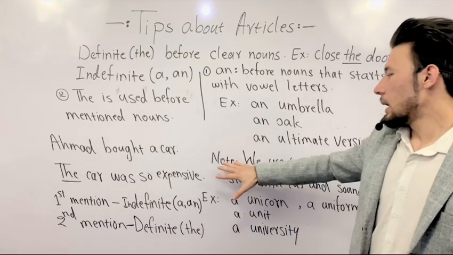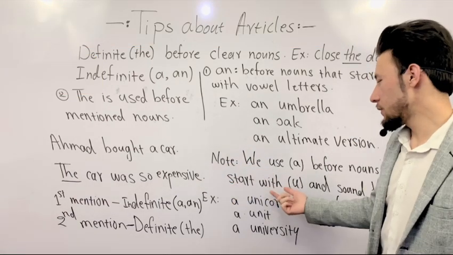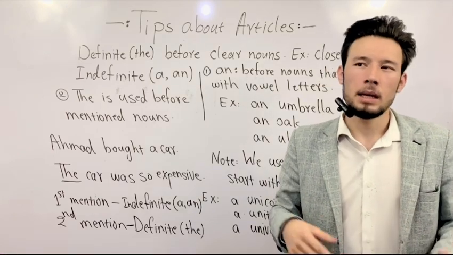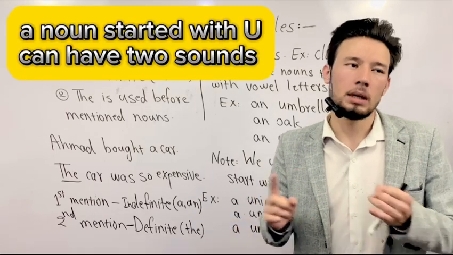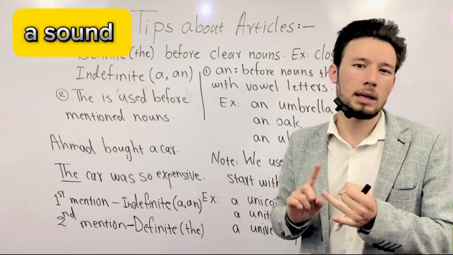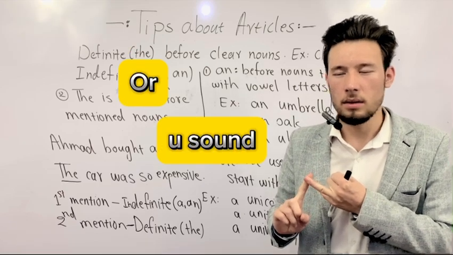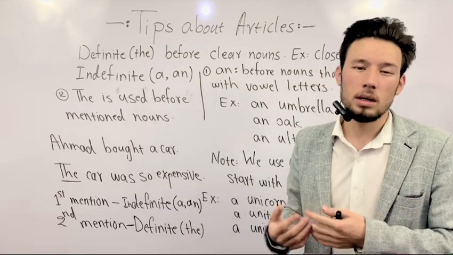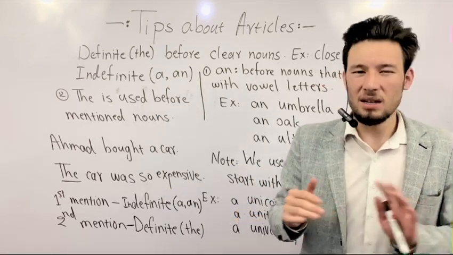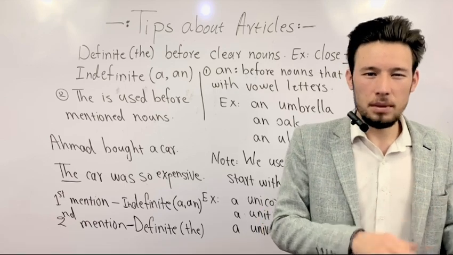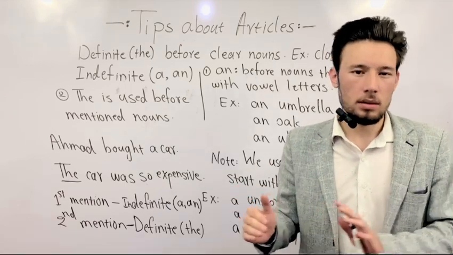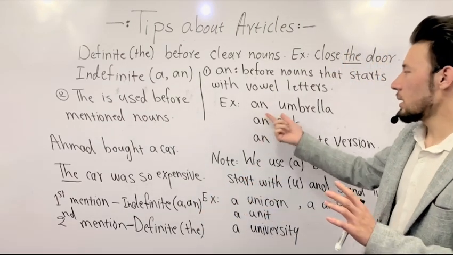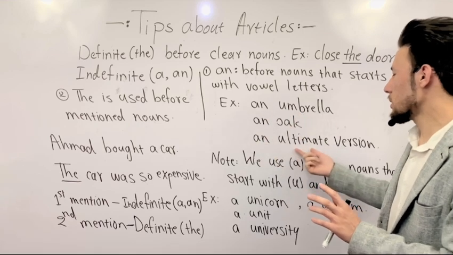So the first tip is this: when our noun starts with "u," it can have two sounds. First, it can have the sound "uh," or it can have the sound "you." If it has the sound "uh," we use the general rule of using the indefinite article "an" before nouns that start with vowel letters: an umbrella, an ultimate version.